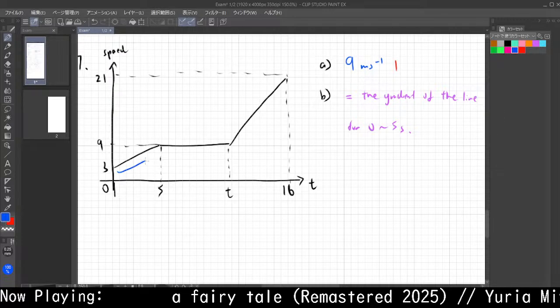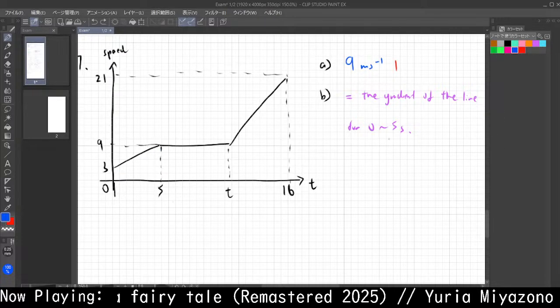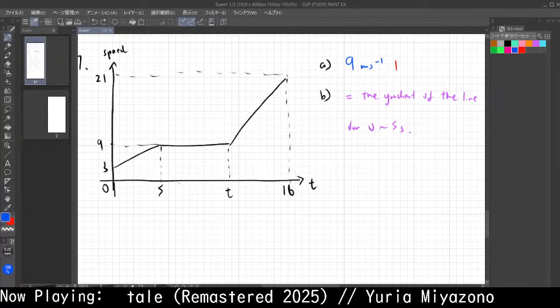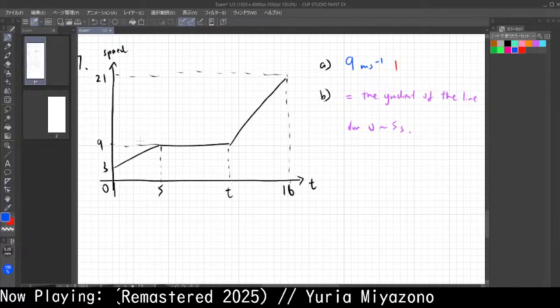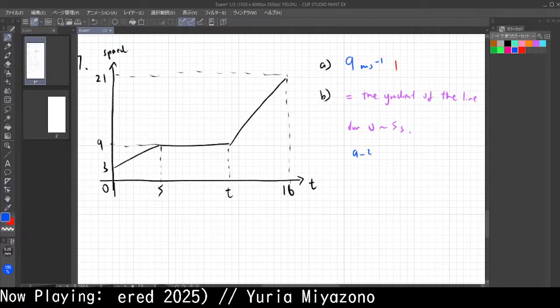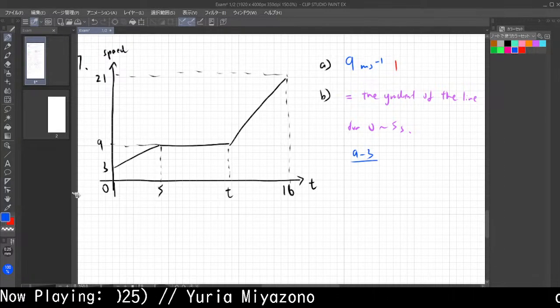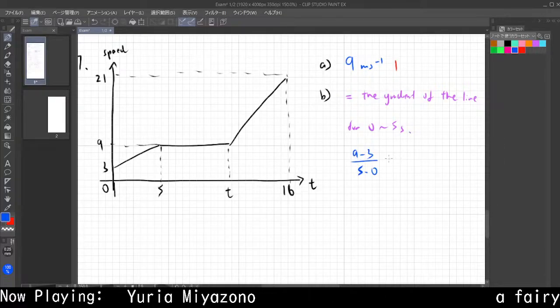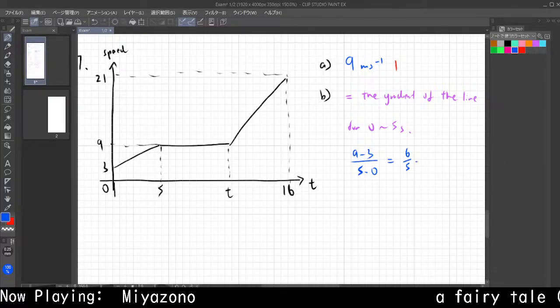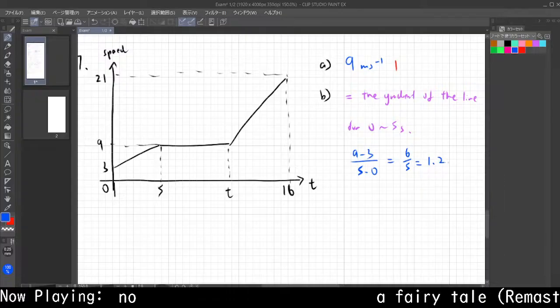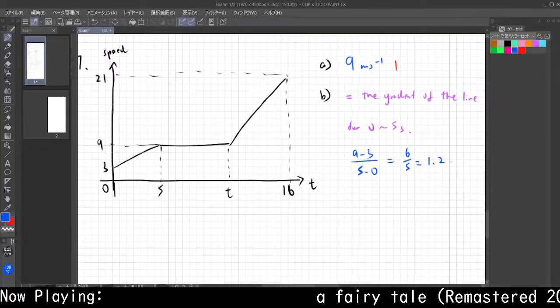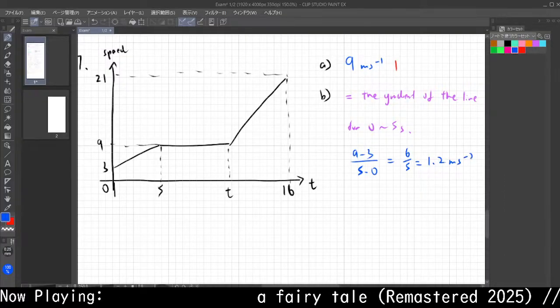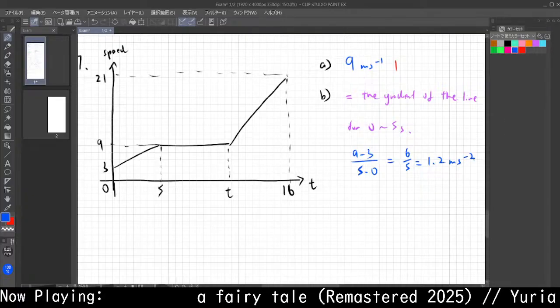Yes, just use this. Okay, so y2 minus y1, 9 minus 3, over x2 minus x1, 5 minus 0, 6 over 5. You can write it into decimals because this is a very simple decimal. So 1.2 meter per second square.